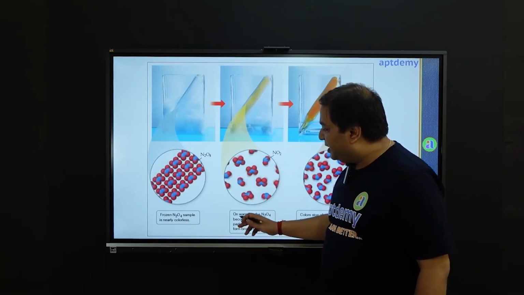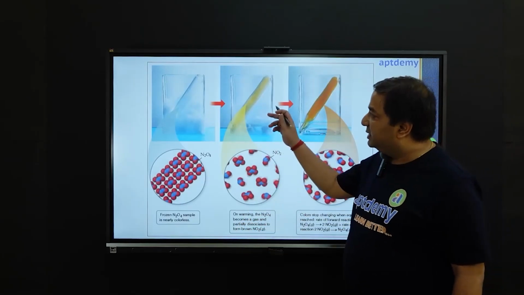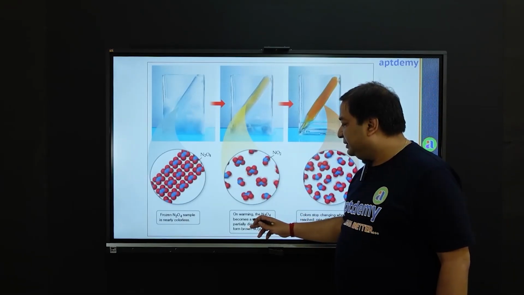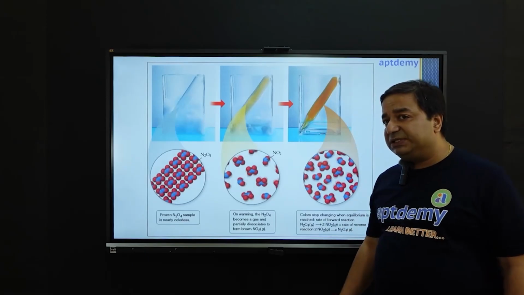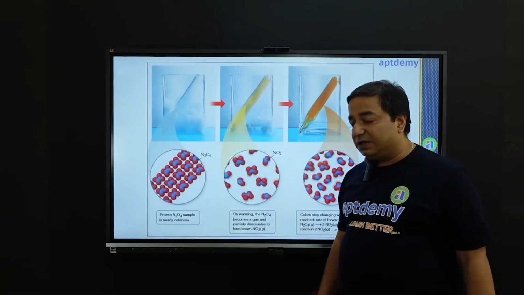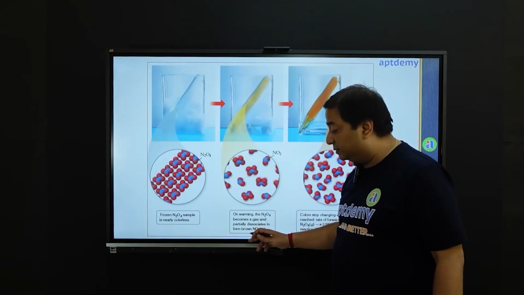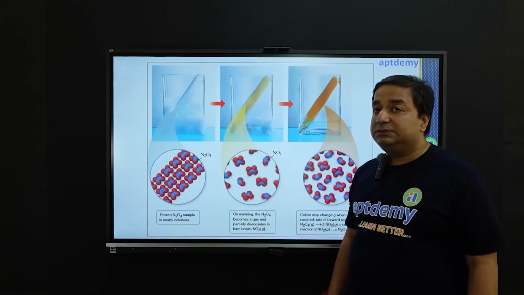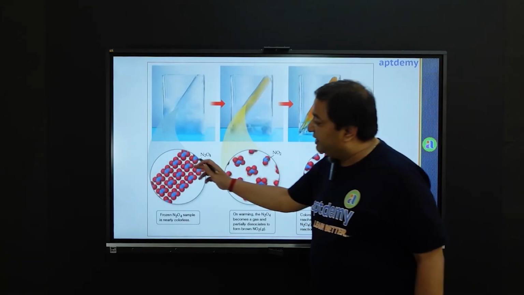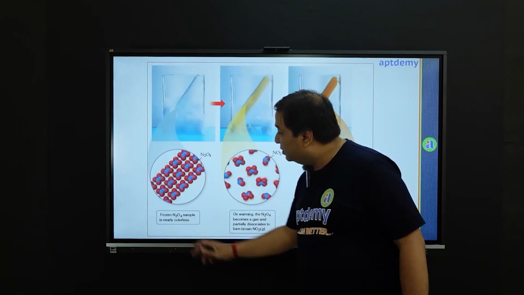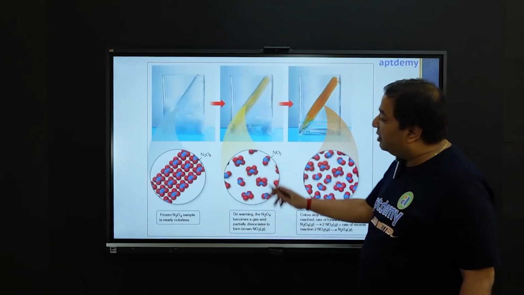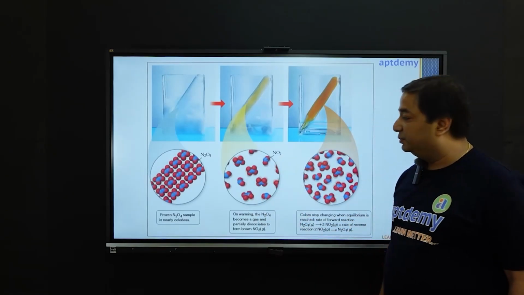Now imagine that we are warming the container and the N2O4 becomes a gas, and partially it starts dissociating to another gas which is having a color, brown, and the gas is NO2. So initially it was having only N2O4. Now we have a collection of N2O4, along with some amount of NO2.